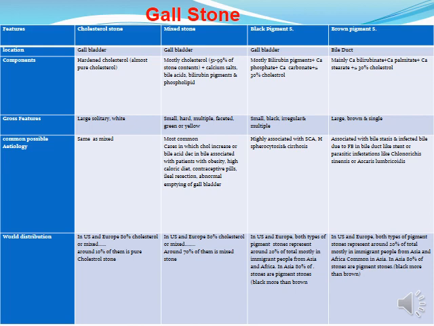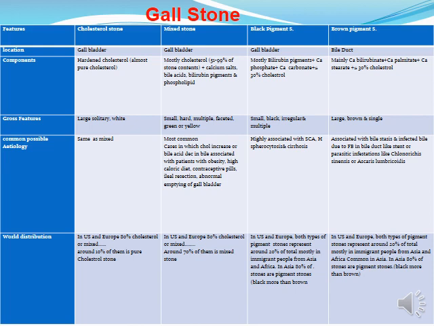Location: the cholesterol stone is located in the gallbladder, mixed stone in the gallbladder, black pigment stone in the gallbladder, while brown pigment stone is in the bile duct. Component: cholesterol stone is composed of almost pure cholesterol, while mixed stone is mostly cholesterol, 51 to 90% of the stone, plus calcium salt, bile acid, bilirubin pigment, and phospholipid.